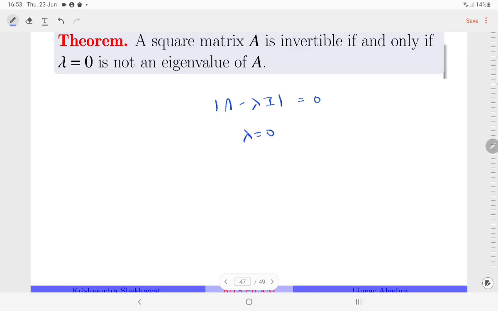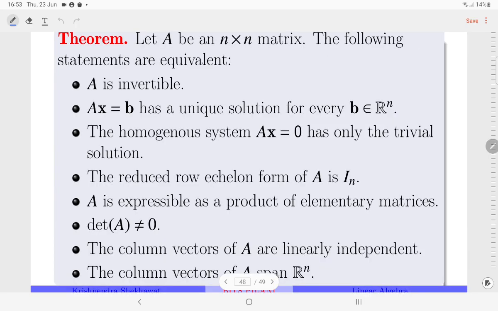So if lambda is equal to 0, you will get determinant A equal to 0. So if lambda equal to 0 is an eigenvalue, then determinant A is equal to 0, which means that A is not invertible, and which also means if lambda equal to 0 is not an eigenvalue, then A is invertible.